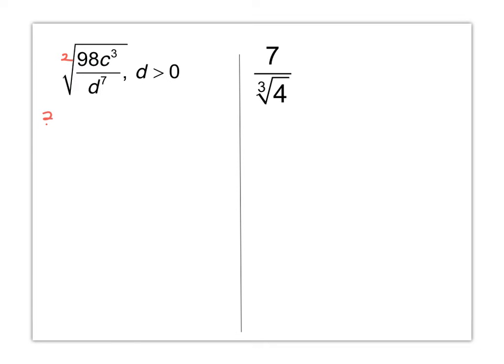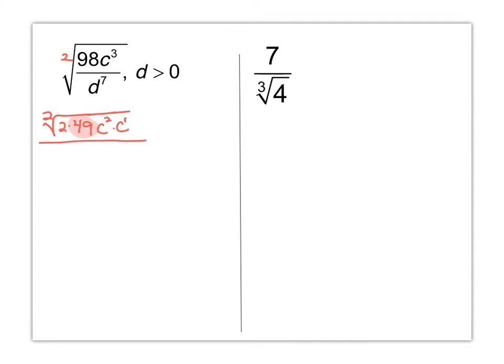the square root of 98c cubed in the numerator, and 98 can be written as 2 times 49, and c cubed can be written as c squared times c to the first. And since this is a square root, we're taking out perfect squares.